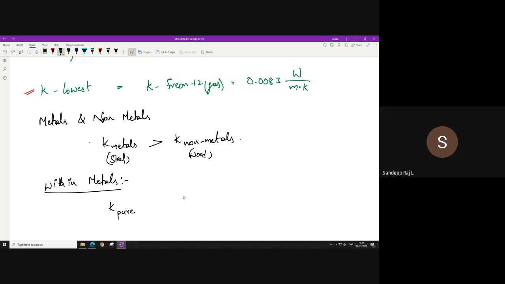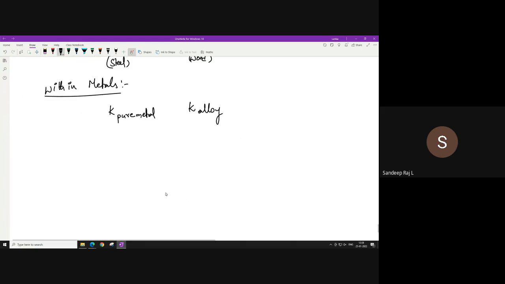Is it greater than or less than that of an alloy? You have to tell me which one will be higher and which one will be lower. Okay, before you answer this question, let me give you a question here.